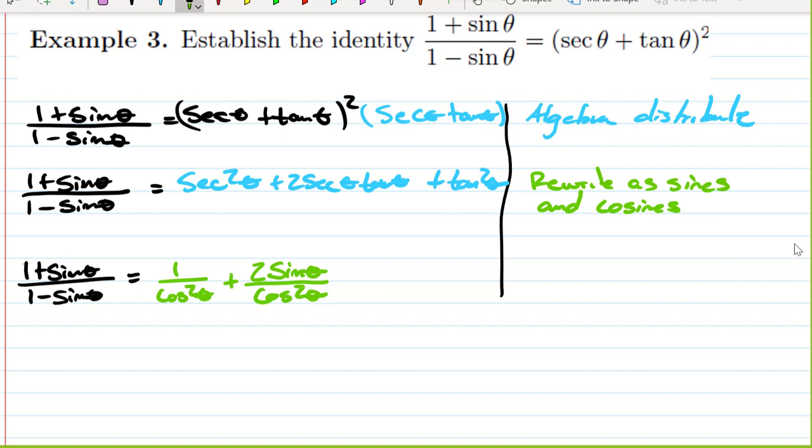And then lastly, tangent squared is sine squared theta over cosine squared theta.